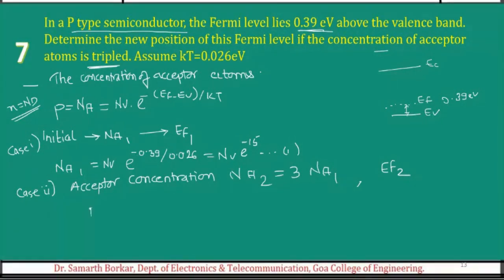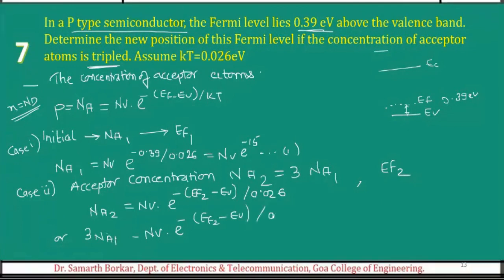Now we can write, on similar lines, Na2 equals NV e raised to minus EF2 minus EV by 0.026. Same expression, only the notations are changed here. Or Na2 in terms of Na1 will be 3 times Na1, equal to NV e raised to minus of EF2 minus EV by 0.026.